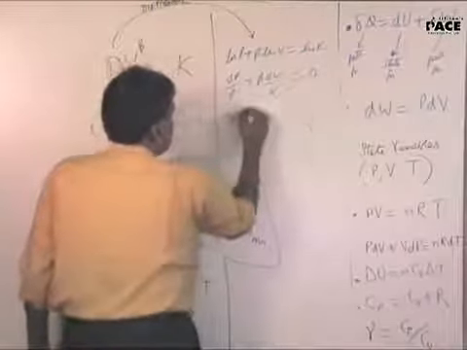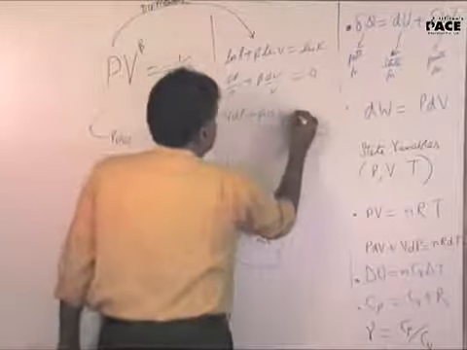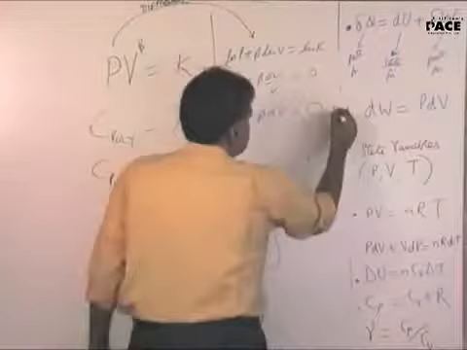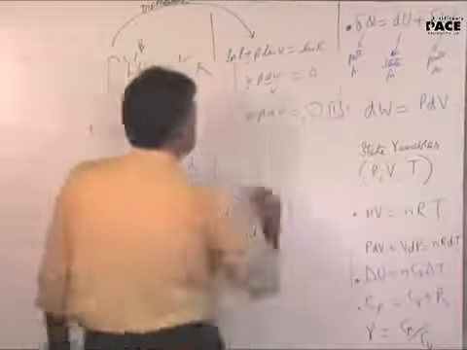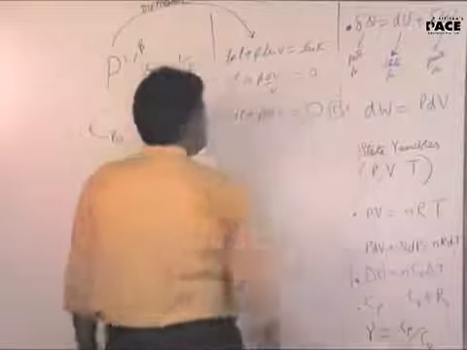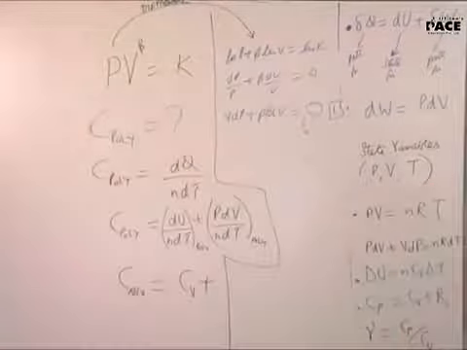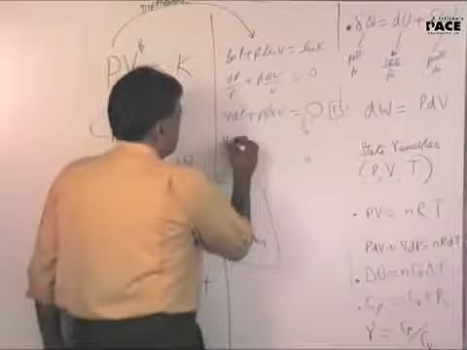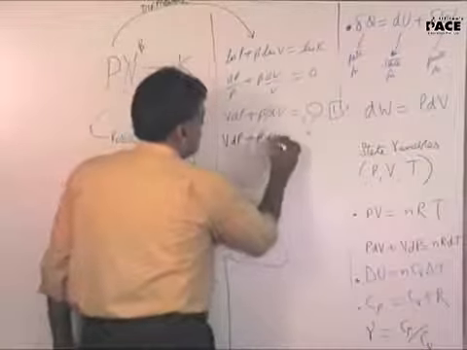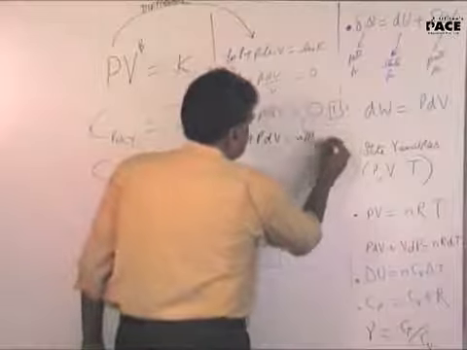Cross multiply. VdP plus beta PdV equal to 0. Equation number 1. Also use the ideal gas equation from here. VdP plus PdV equals nR dT.